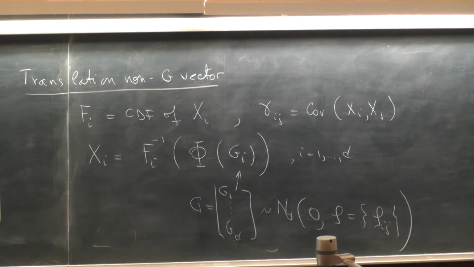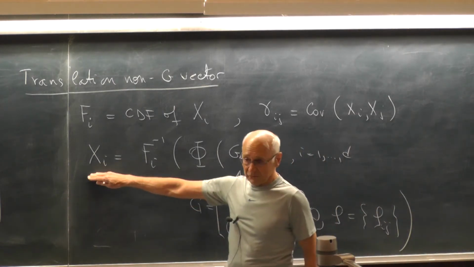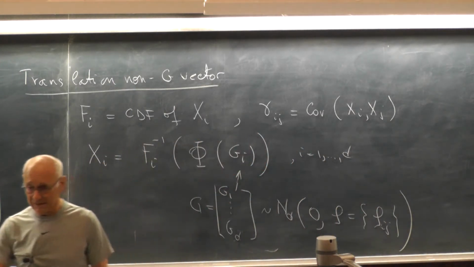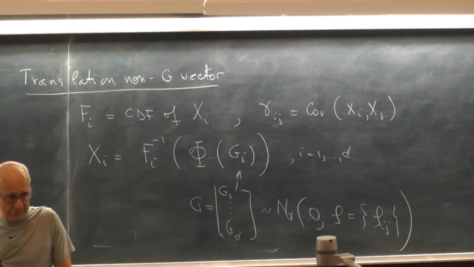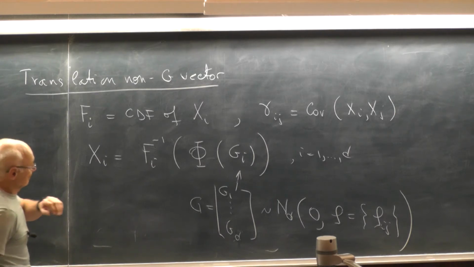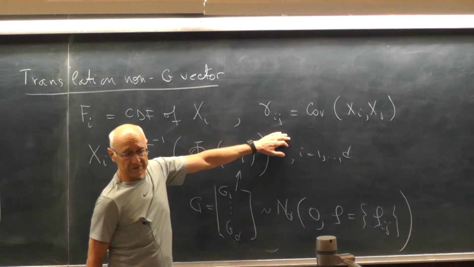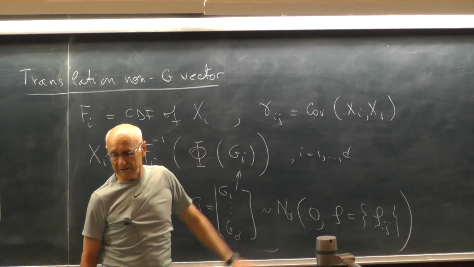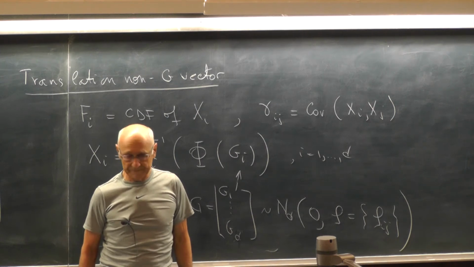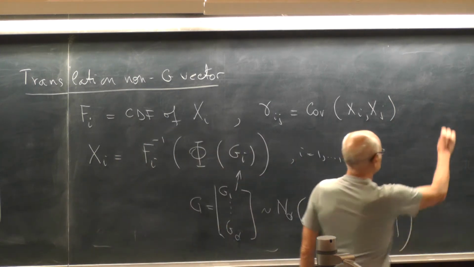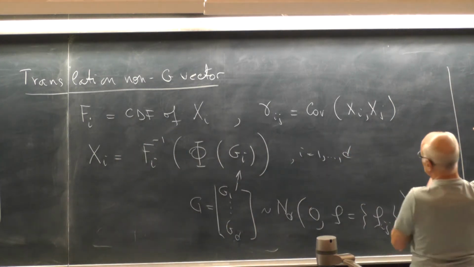So let's see what properties this representation has. My claim is that the distribution of Xi is exactly Fi. And I'm going to show in a second, that's very easy to show. On the other hand, I may not be able to match the target covariance, but I can get close to it.